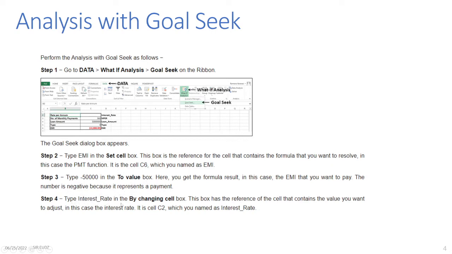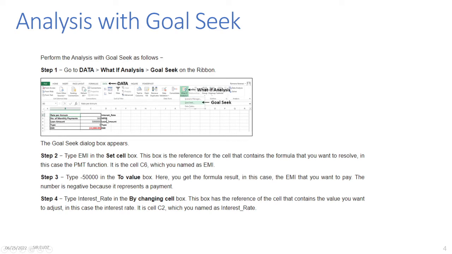Type interest rate in the By changing cell box. This box has the reference of the cell that contains the value you want to adjust, in this case, the interest rate. It is cell C2, which you name as interest rate.